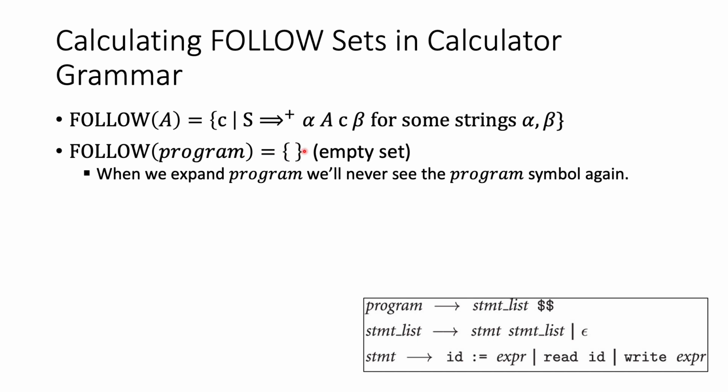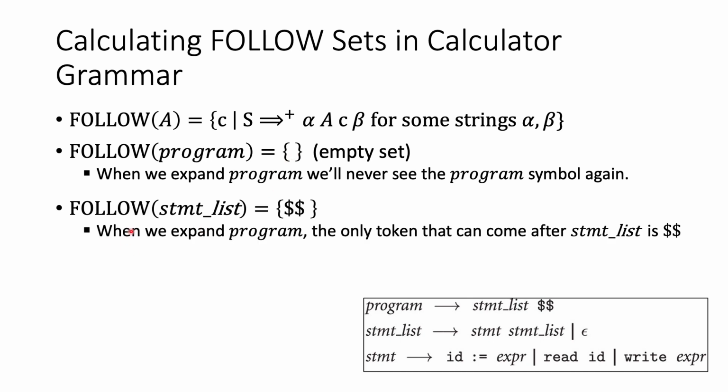This is the notation for the empty set. And when we expand the program symbol, the only token that can come after the non-terminal ST empty list is the end marker. So follow of ST empty list consists of just the end marker.